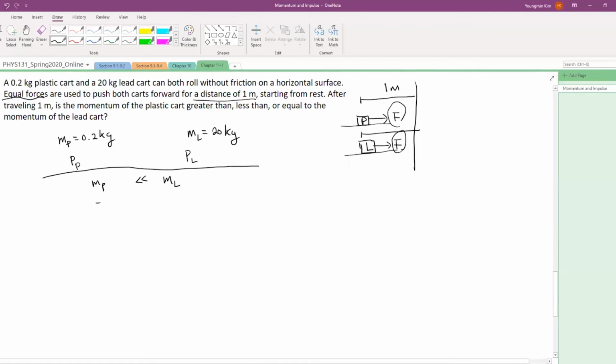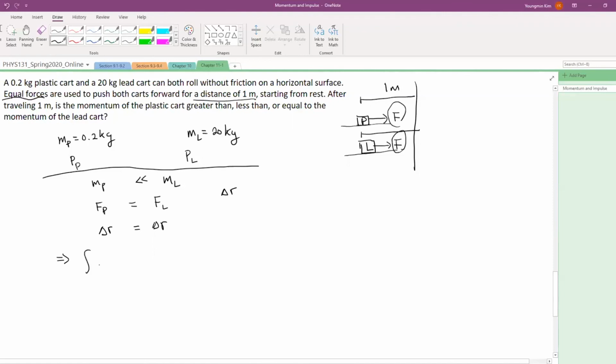We're given that the force applied to the plastic cart equals the force applied to the lead cart. They're identical forces. And we're given that the displacement in both cases is equal.